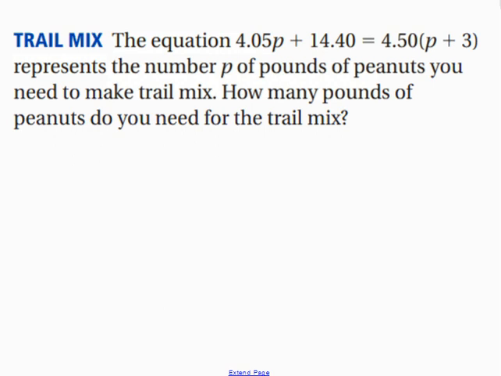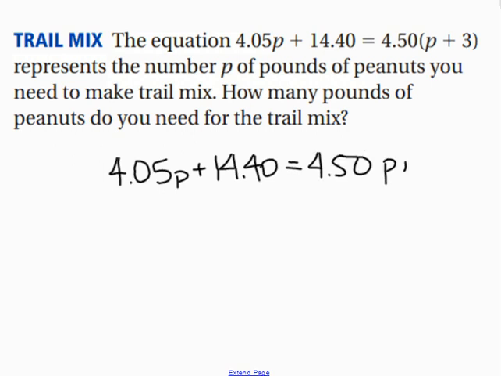All right, next one is set up in the form of a word problem, but really they just gave us an equation to solve. So I have 4.05p for pounds of peanuts plus $14.40 equals 4.50 times p plus 3.